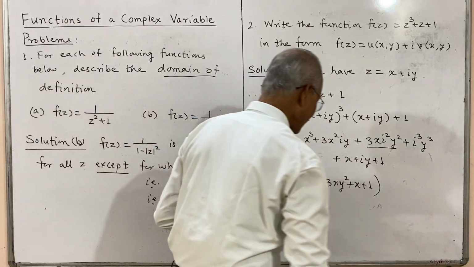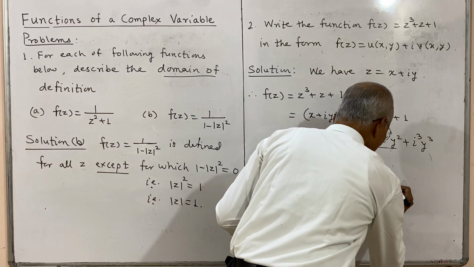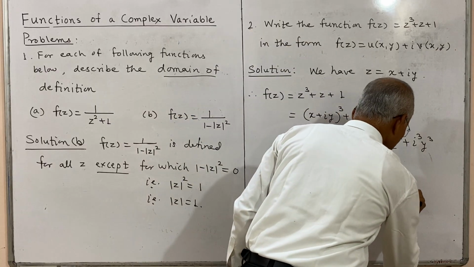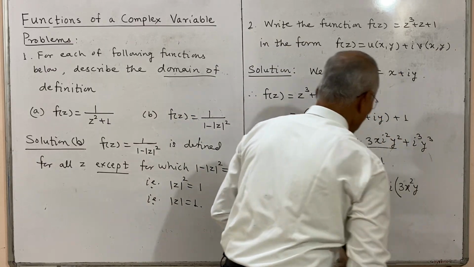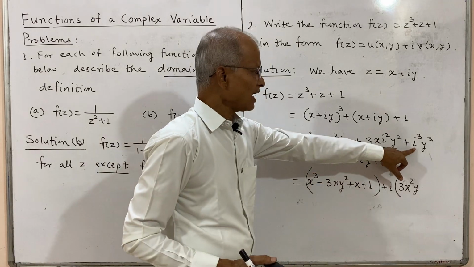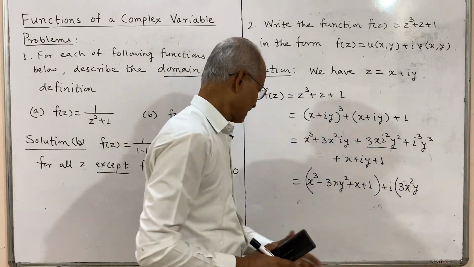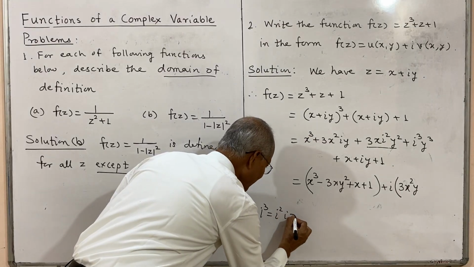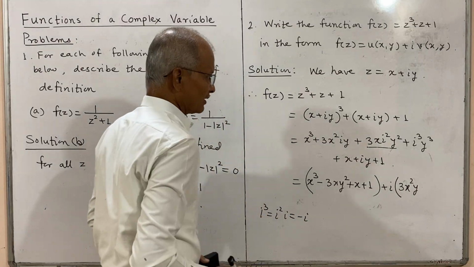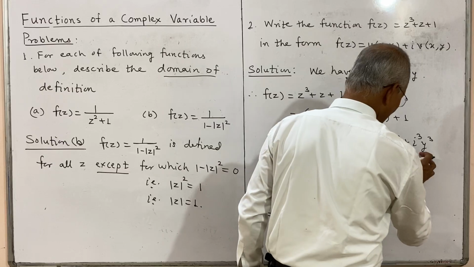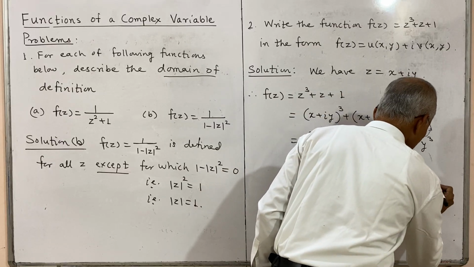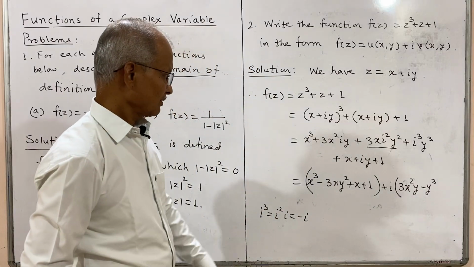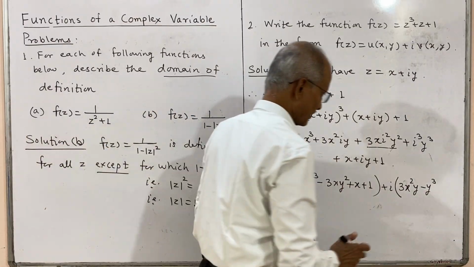The imaginary part: we shall take i common, and this is 3x²y, and further i³ is -i, since i³ is equal to i² into i, and that is -i, and therefore here it is -y³. i is taken common, and here is i plus y.